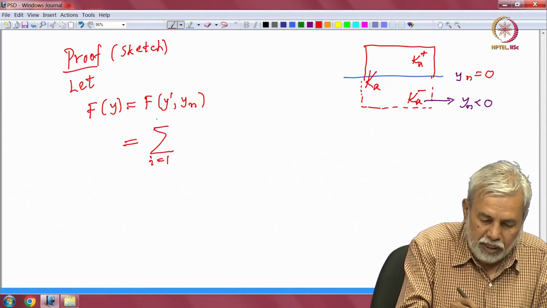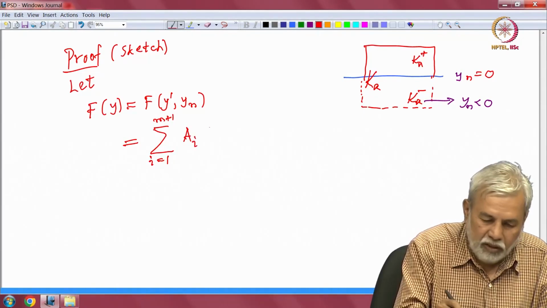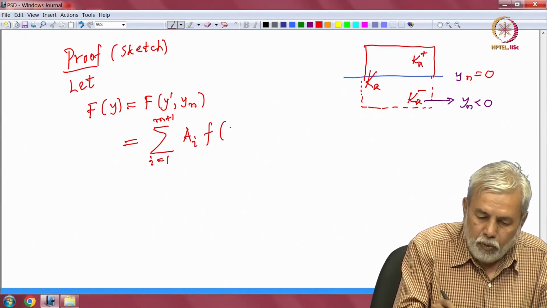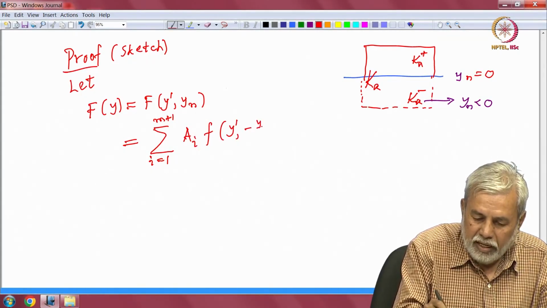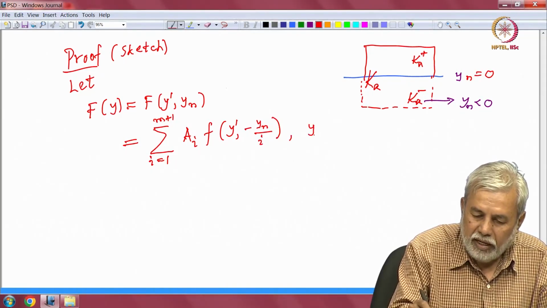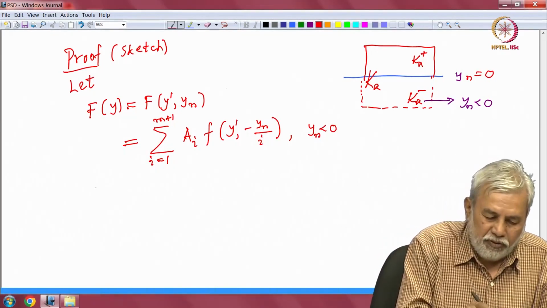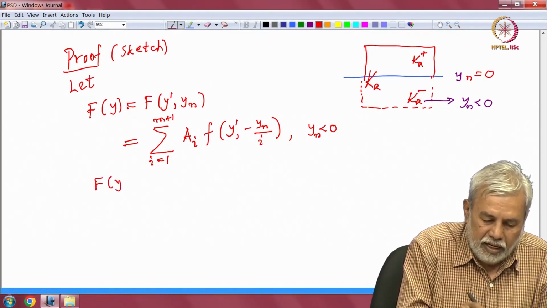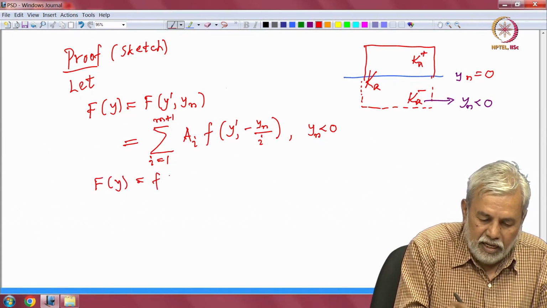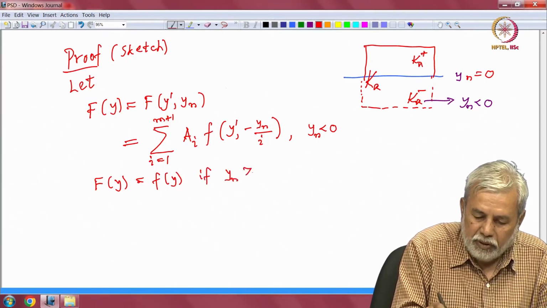The sum from i equal to 1 to m plus 1 of a_i f of (y', minus y_n divided by i), index i. Okay, so this is for y_n negative. Okay, and of course F(y) is just the same as little f(y) if y_n is greater than or equal to 0.